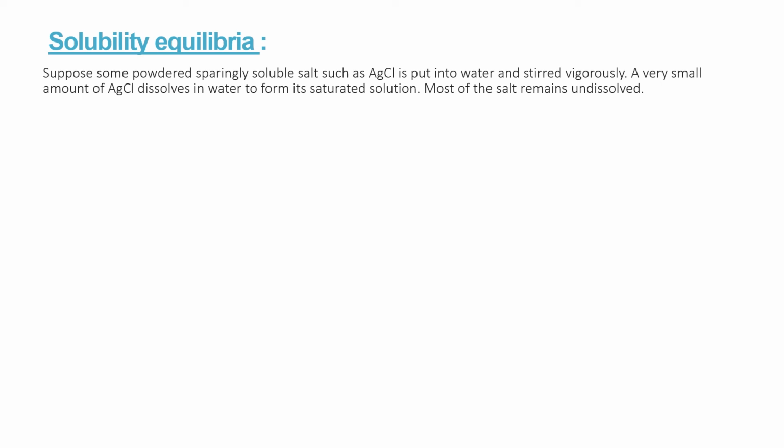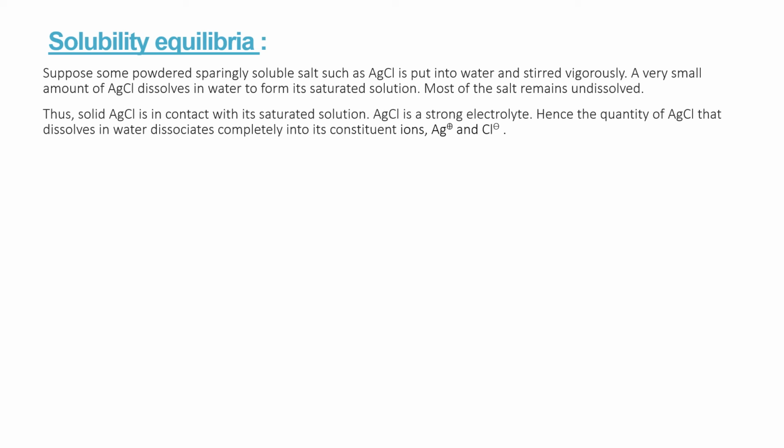You put it into water and stir vigorously. A very small amount of AgCl dissolves in it to form its saturated solution, and most of the salt remains undissolved. So in this case, a very small amount is responsible for the saturation of the solution. Thus, solid AgCl is in contact with its saturated solution.